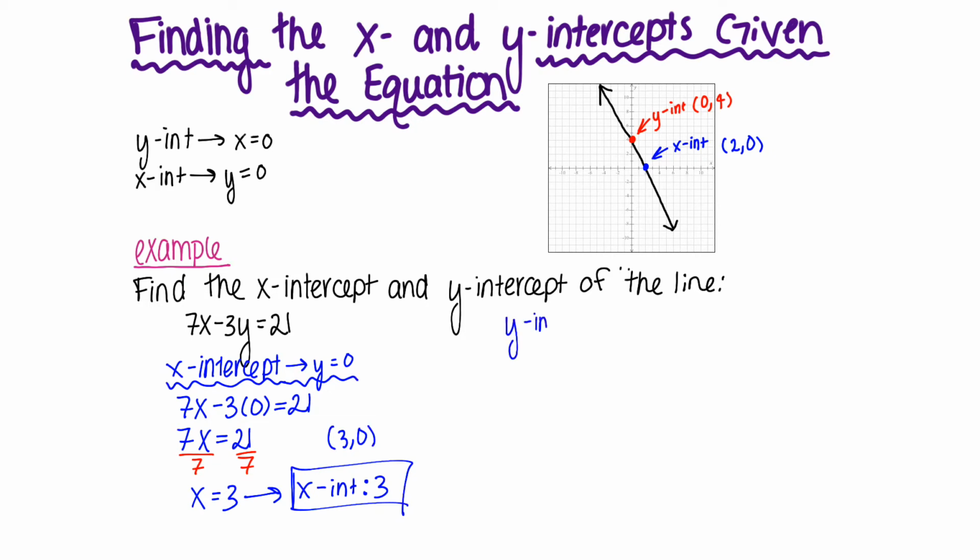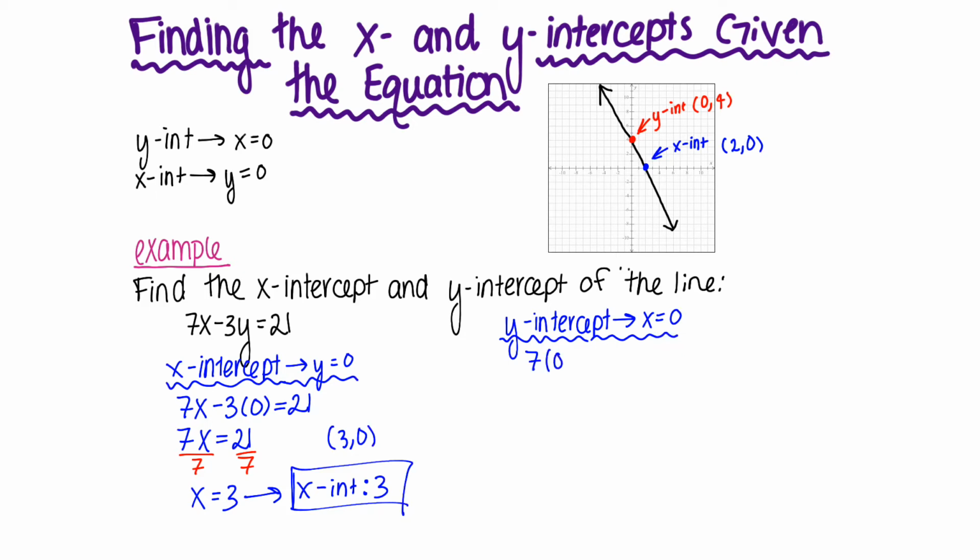The y-intercept happens when x is equal to 0. So looking back at this same equation, 7x minus 3y equals 21, instead of x, I'm going to put in 0, and then I'm going to solve for y.